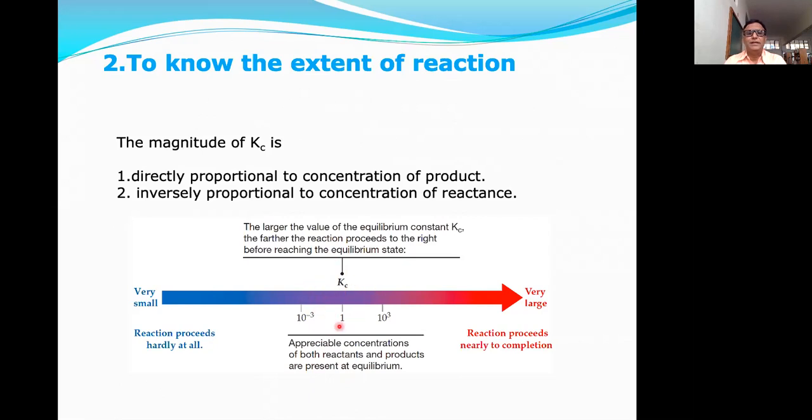Between this range, the larger the value of equilibrium constant Kc, the farther the reaction proceeds to the right before reaching the equilibrium state. As the value of equilibrium constant increases, if it is very large, then the reaction proceeds nearly to completion. Is it clear?